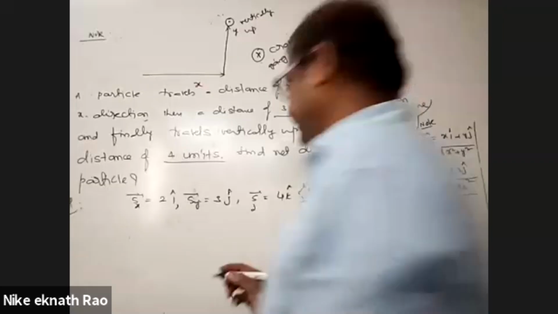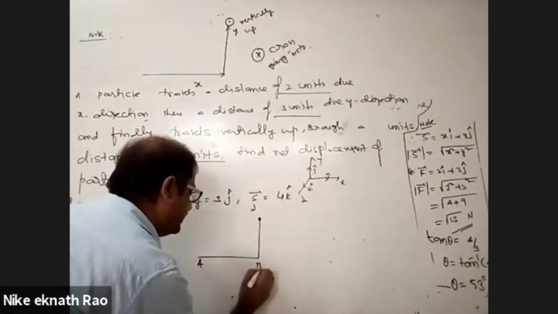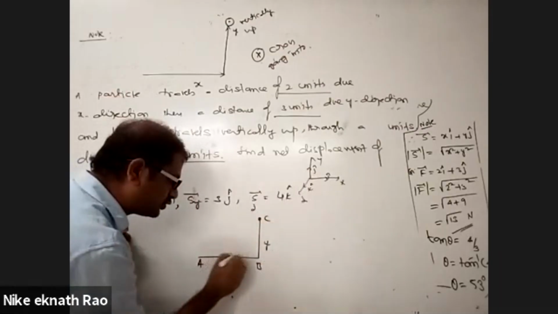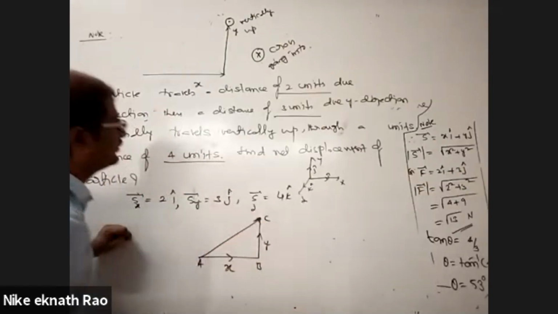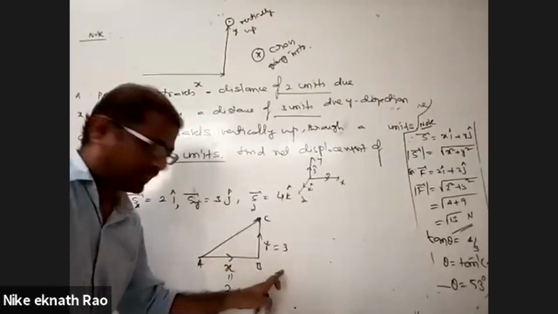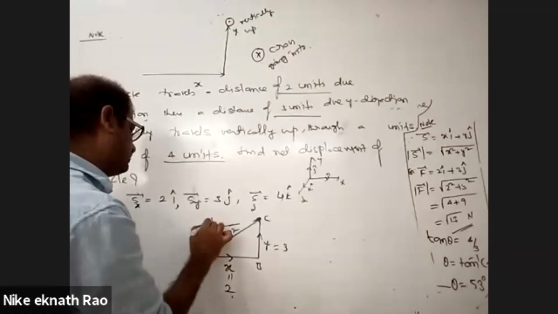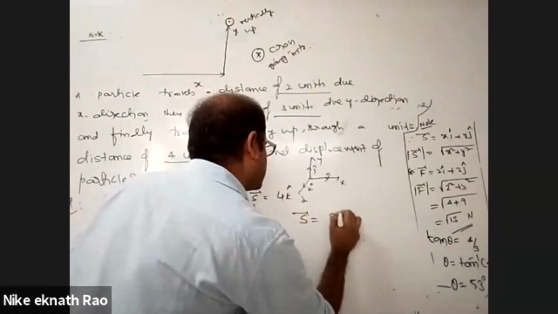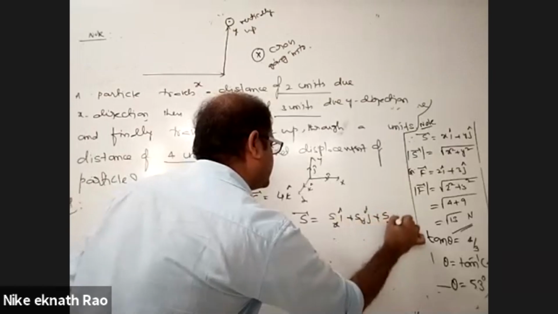So first of all, tell me the resultant of x and y. Say this is A, B, C. The resultant of these two will be a triangle. Yes or no? Yes. First, find these two displacements: root 13. Displacement is Sx i cap plus Sy j cap plus Sz k cap.